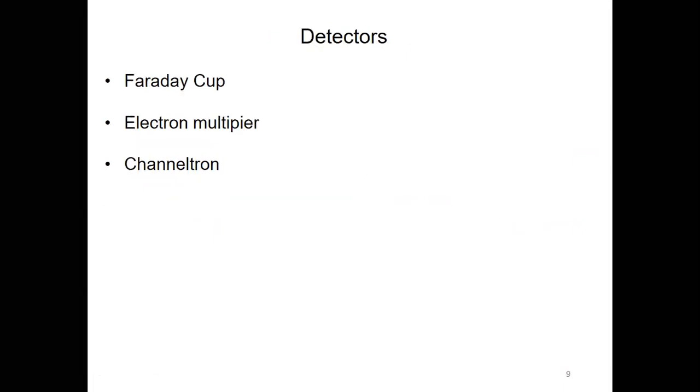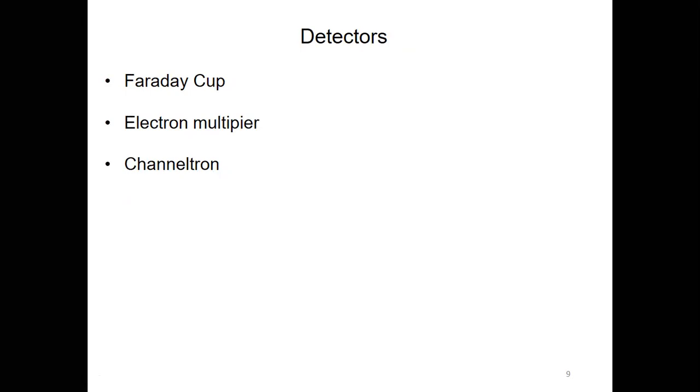Once the mass analyzer separates the ions based on the mass to charge ratio, they go to the detectors, and the detector gives the signal. The common detectors are Faraday cup, electron multiplier, and channeltron. This electron multiplier is similar to a photon multiplier. We will discuss it later.